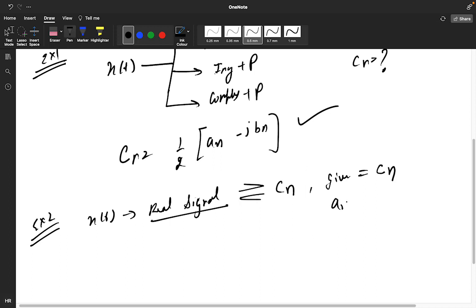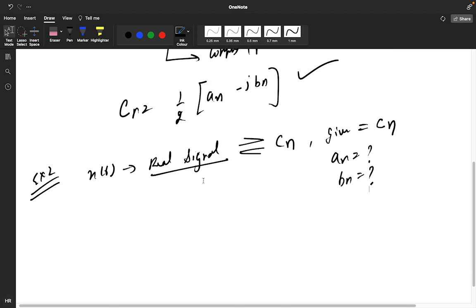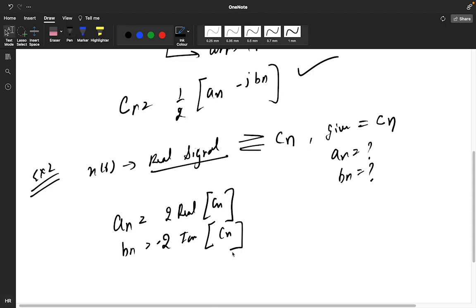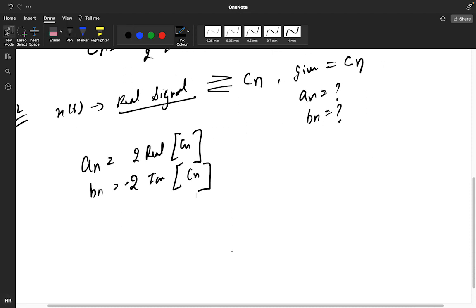You need to find the value of An and Bn. And this is your real signal. So what you will do, An will be 2 real of Cn, and Bn will be minus 2 imaginary of Cn. That's it.